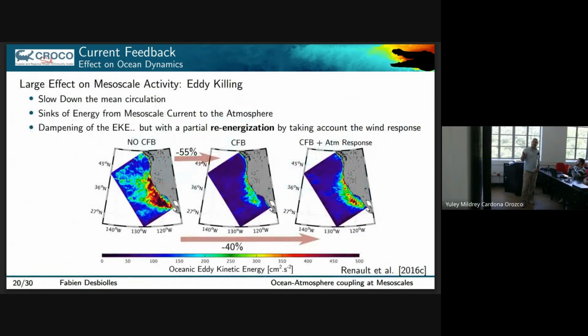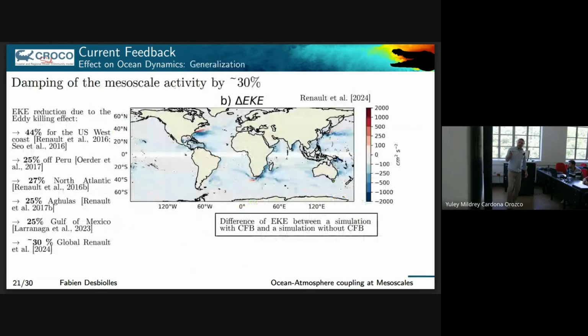Because you have the partial re-energization of the wind. That one is just current wind, that one will be an OASIS kind of situation. When you say OASIS, it means fully coupled, or this can be prescribed if you wish. Subtracted in the bulk formula. But this is a fully coupled with wind response.